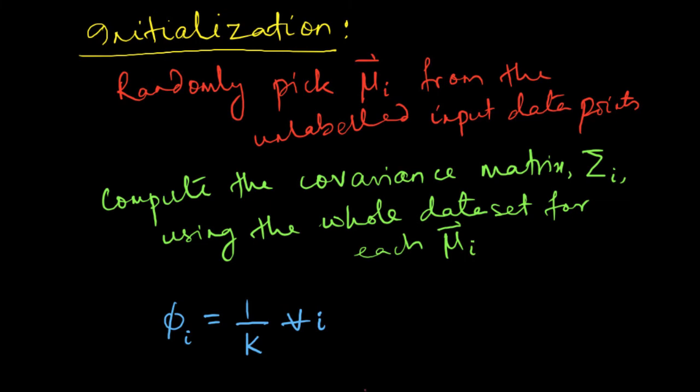Now this is one of the ways of initialization, which is very crude. You could also use the k-means clustering algorithm to do the initialization, which makes your process much faster and often leads to better results also. So instead of this brute force simple approach, run the k-means algorithm, find the mu I's, and then using that estimate the sigma I for that particular cluster and the phi I using the hard assignment in the k-means algorithm.